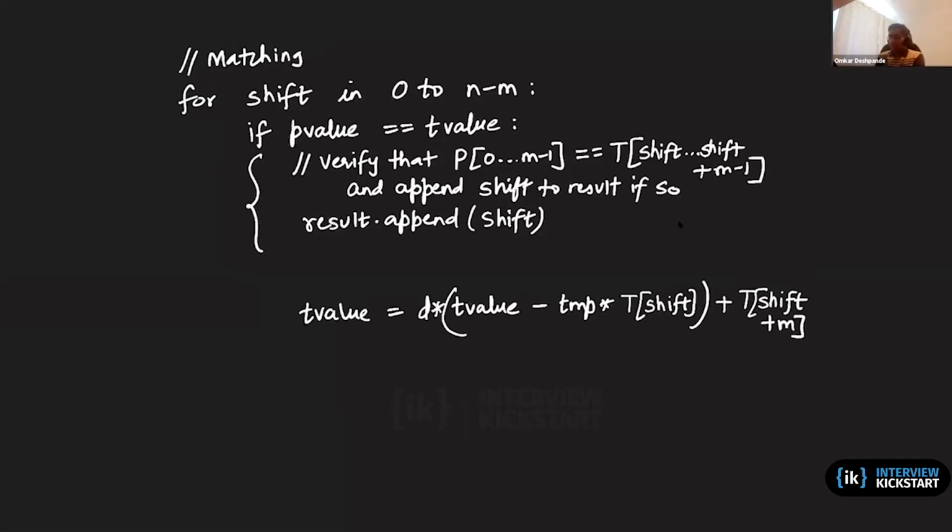And again, when I say t of shift plus m, for both of these, convert them from ASCII. Convert them to numerical values by taking their ASCII code and subtracting the ASCII code for little a.